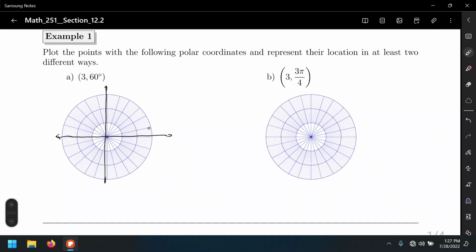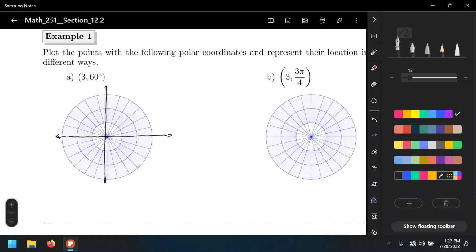I think this is 15, 30, 45, 60, and 75, and then 90 degrees. Okay. So we're going to plot this point in polar coordinates and represent its location in at least two different ways. That's something pretty interesting as opposed to the Cartesian system.